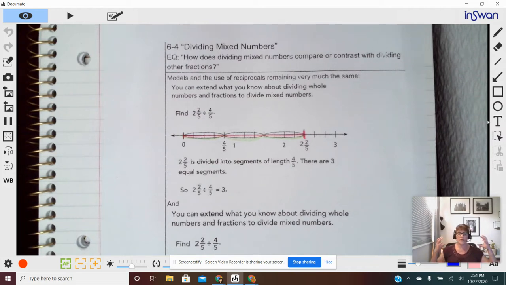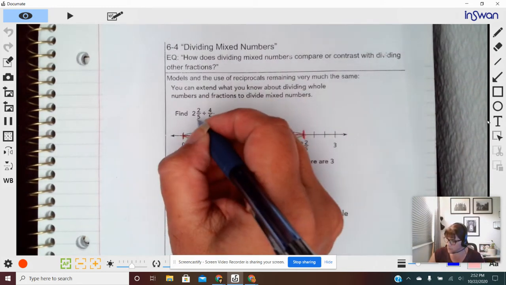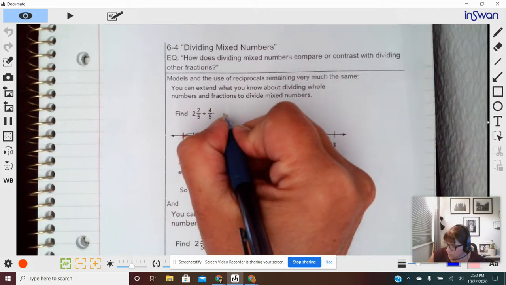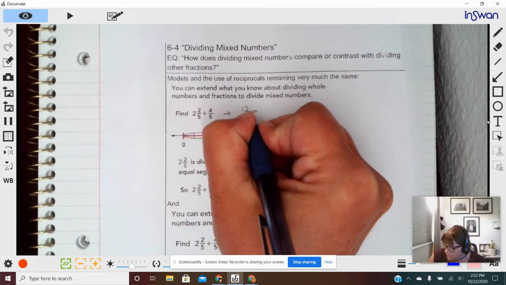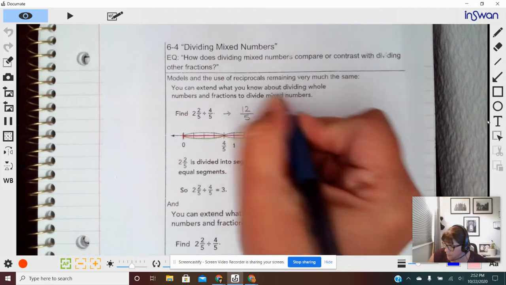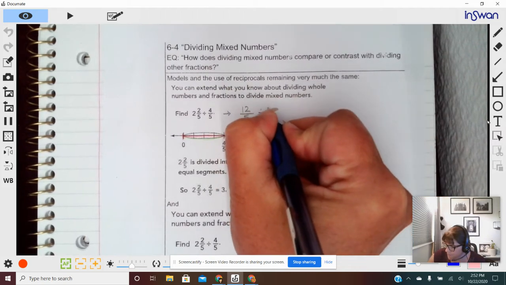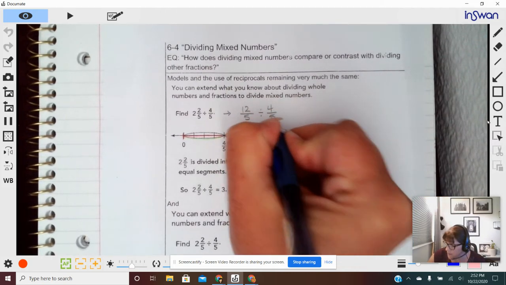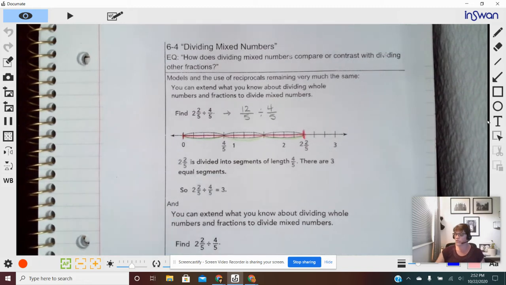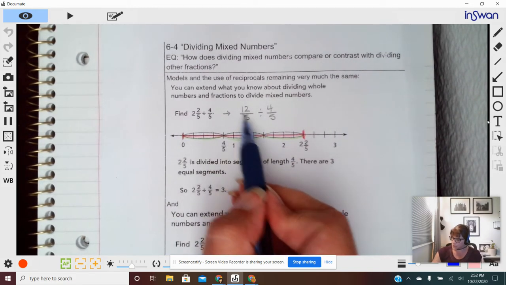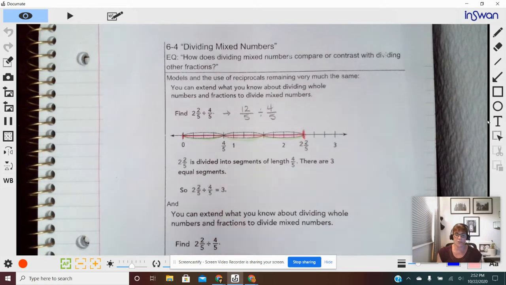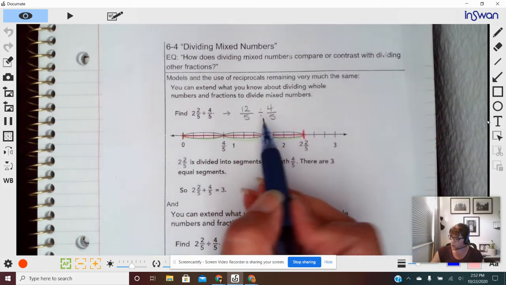you can kind of see this and think about it really clearly when we look at this as 12/5 divided by 4/5. Now, I'm not calculating it. I'm just literally looking at the two numerators. They have the same denominator, so we're comparing fifths all the way across, and it would only work if you're working with the same unit.